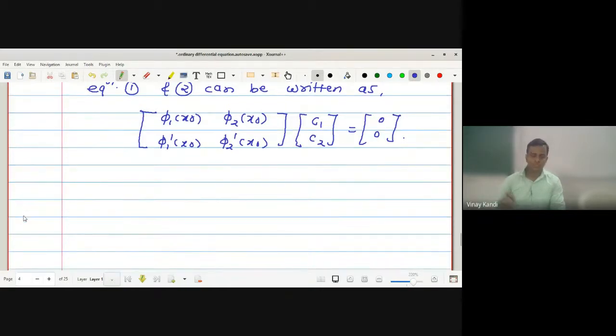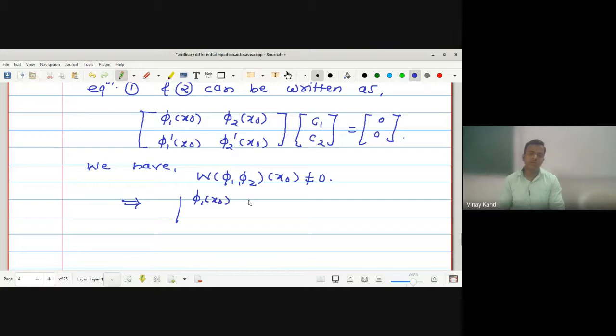We have the Wronskian of phi1 and phi2 at x naught is not equal to 0. We assumed that; it implies the determinant of phi1 of x naught, phi2 of x naught, phi1 dash of x naught, and phi2 dash of x naught.